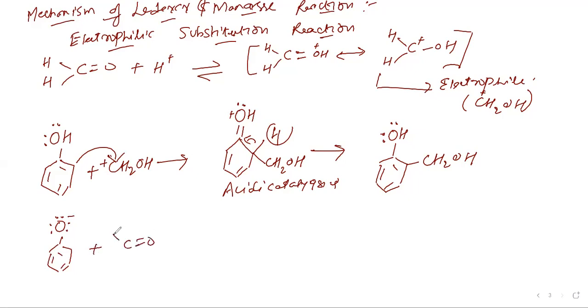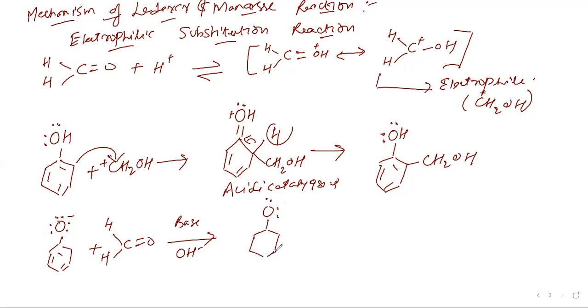And it will react with formaldehyde. This is in presence of base when you have OH. So OH will take away the hydrogen atom of phenol to form phenoxide. Now this phenoxide will react with formaldehyde, right, to form this kind of a product.